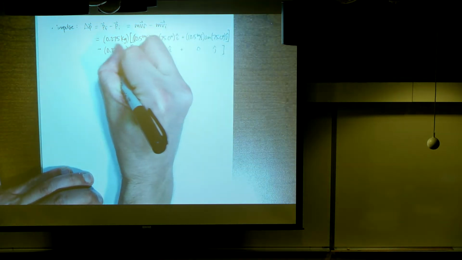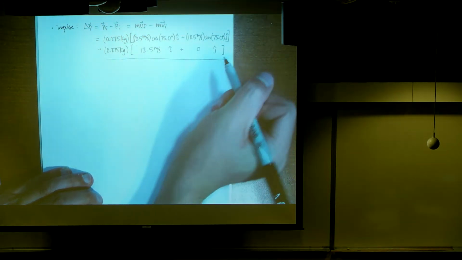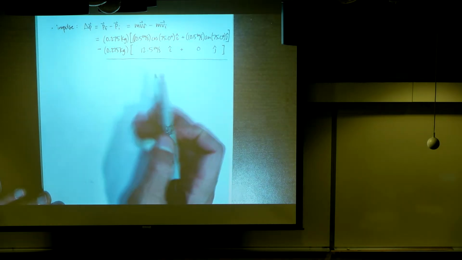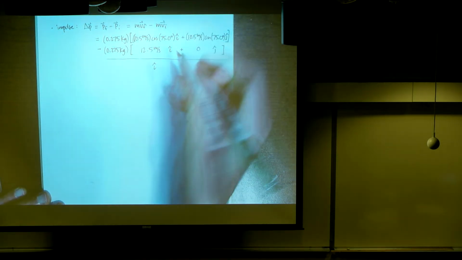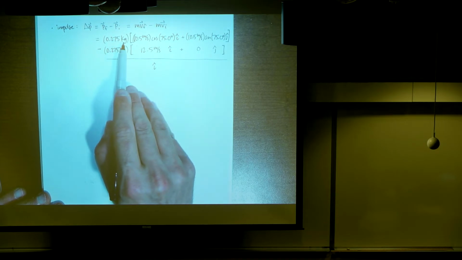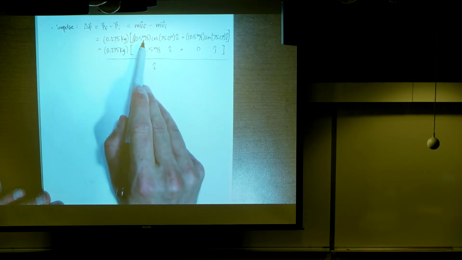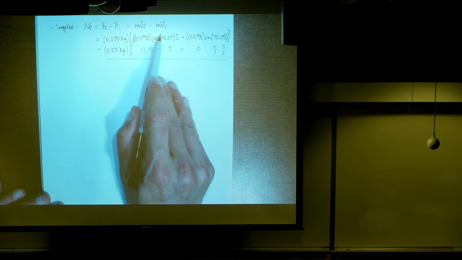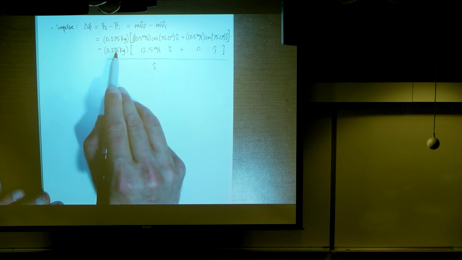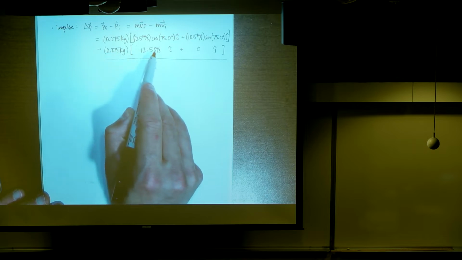So what we want to do is find the result of that vector subtraction, okay? Here's what you punch into your calculator. For the x component of delta P, we're going to have 0.275 times 10.5 times cosine of 75 degrees, and then we subtract 0.275 times 12.5.